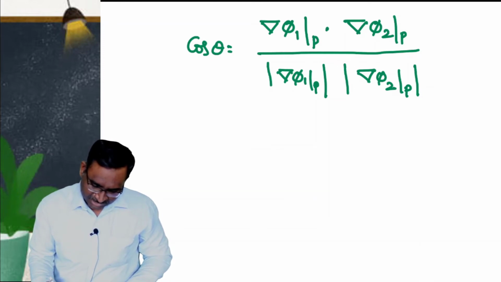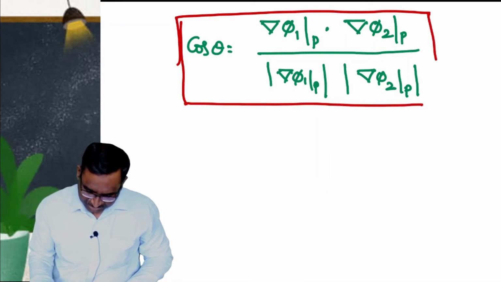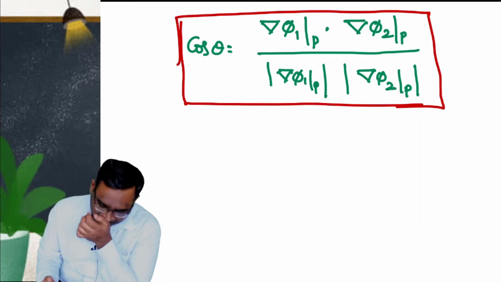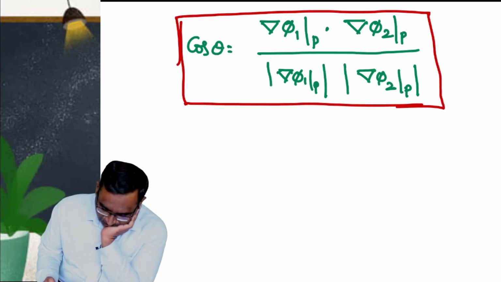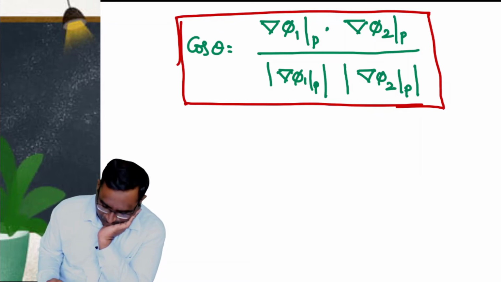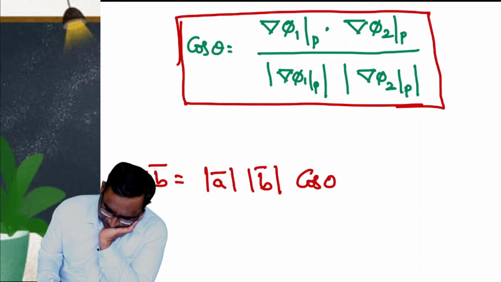So this is the angle between two level surfaces. Nothing but A bar dot B bar. So what is A bar dot B bar? Modulus of A bar, modulus of B bar, cos theta.